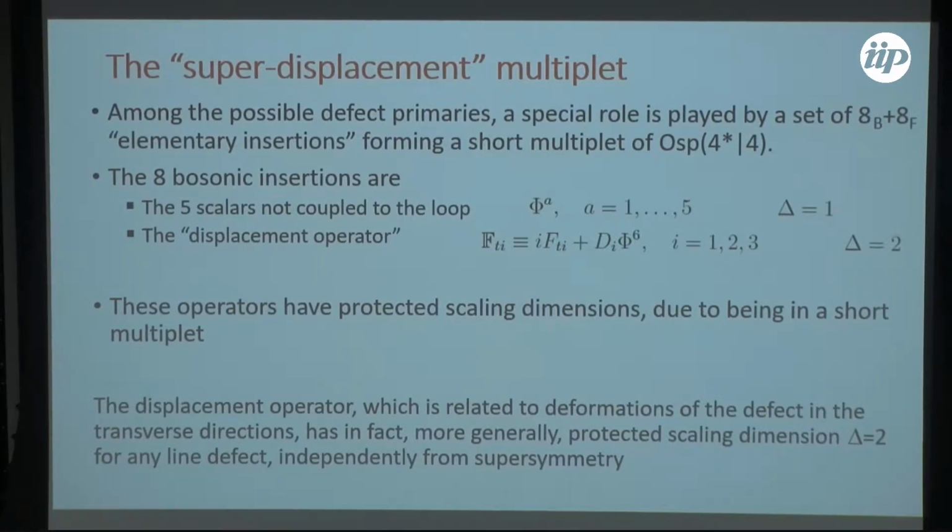So the fact that this displacement operator has dimension 2 is a general fact about one-dimensional defects. But the fact that this belongs to a super multiplet where this delta equal 1 scalar is the superconformal primary is special to this case. But the fact that this is protected is a more general fact.